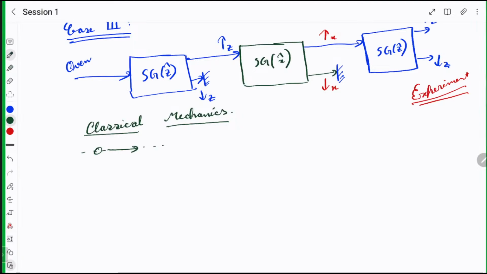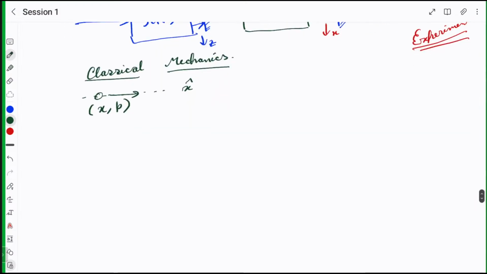If it is along X, it cannot go to Y. So how do you describe its state? With its position and velocity. Yes, position and velocity, or equivalently position and momentum, because momentum is just mass times velocity.